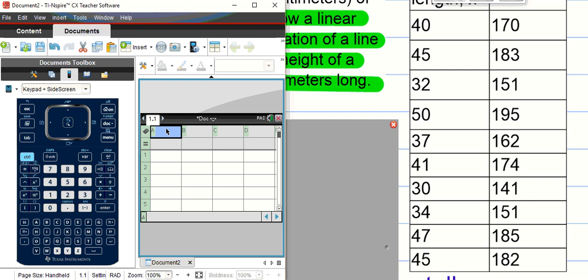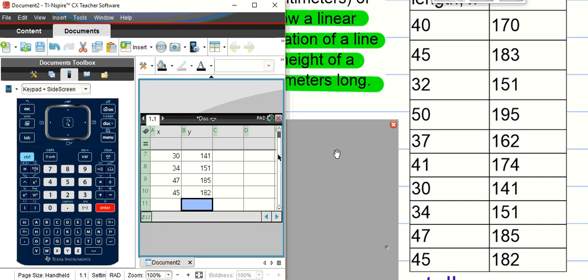We're going to start with X at the top and Y at the top, and go ahead and plug in all of those X's. So we have 40, 45, 32, 50, 37, 41, 30, 34, 47, and 45. Now go ahead and type in all of your Y's: 170, 183, 151, 195, 162, 174, 141, 151, 185, and 182.